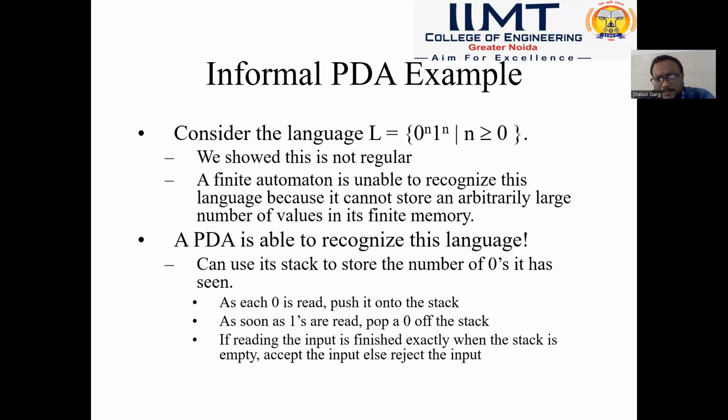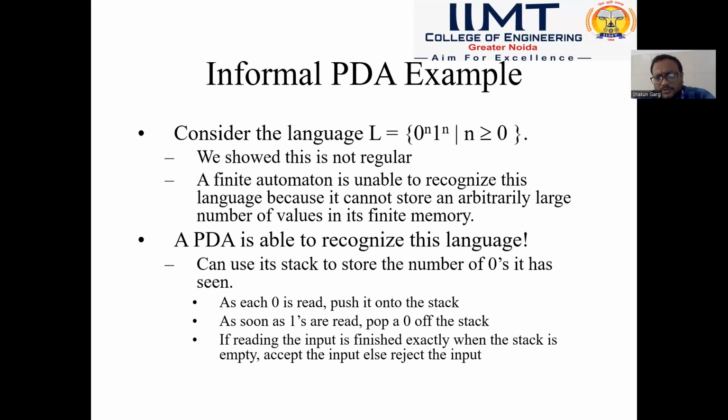When our PDA, or our machine, gets 1 as a scanned symbol, then one pop operation will be performed, and one pop means the 0 at the top of the stack, the first 0, will be removed. After the second 1 is scanned, the second pop will be executed and the second 0 will be popped out, and so on.